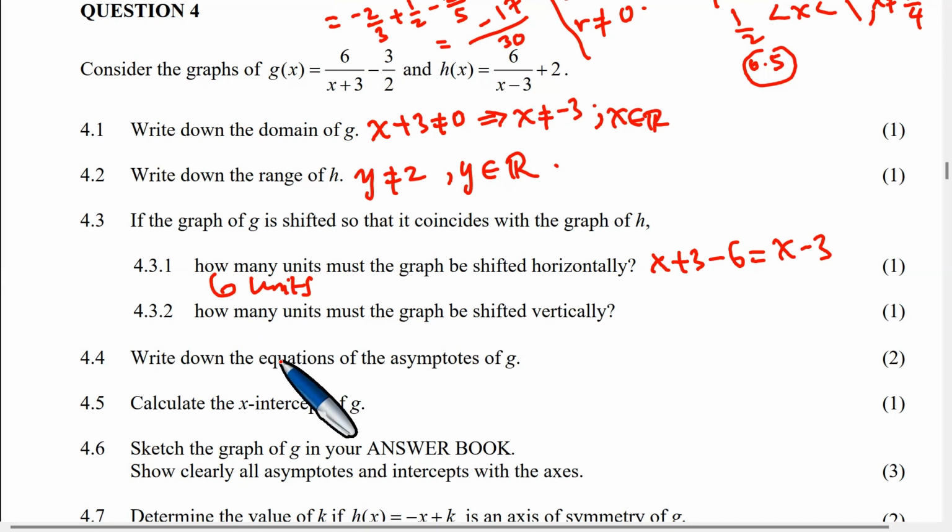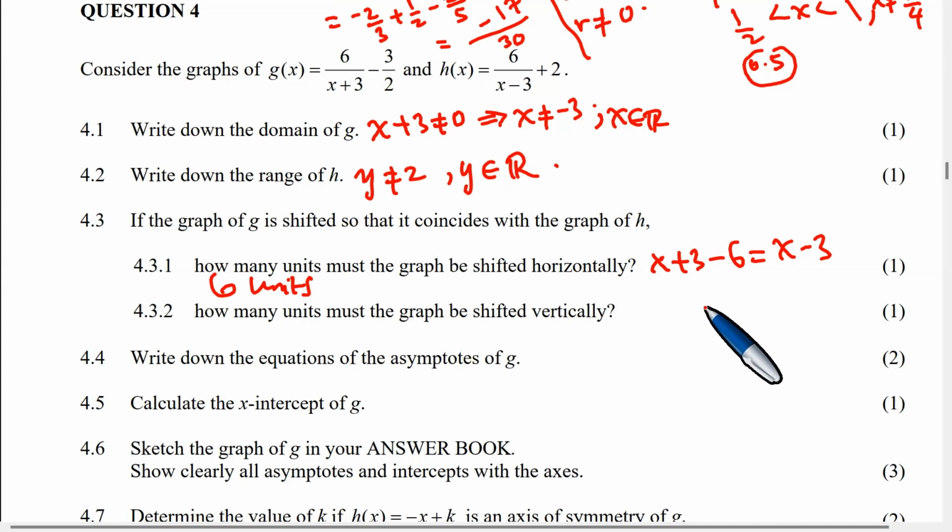If you move the graph to the right, in other words, how many units must the graph be shifted horizontally? It must be shifted 6 units. But if we actually subtract, we either subtract or we add. If you add, it goes to the left.